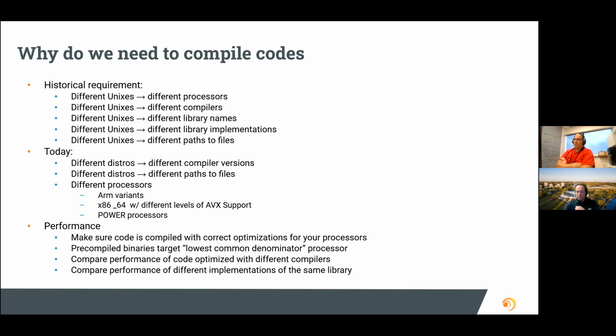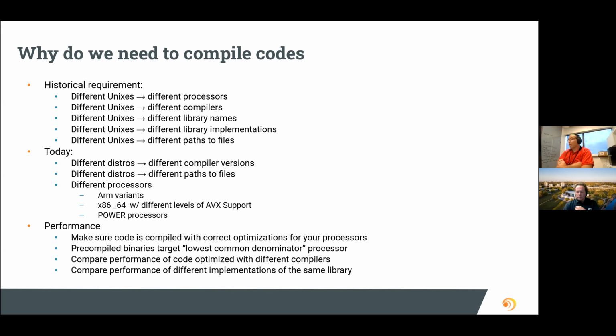The other reason why we would need to compile codes is for performance, right? High performance computing is all about performance. So when we compile the code ourselves, we can make sure that it's compiled with the correct optimizations for our particular processors. If you take code that's optimized for AVX-512 and your processor only supports AVX2, you're going to get an illegal instruction error.